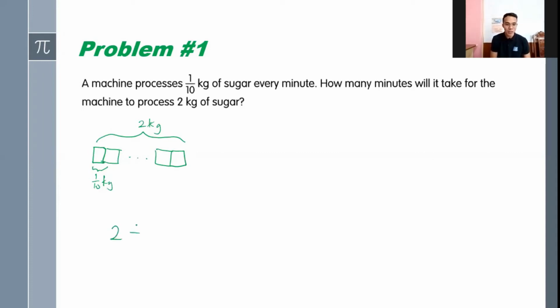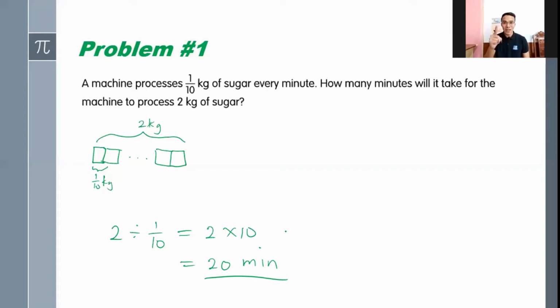We divide 2 by 1/10, and dividing by 1/10 is the same as multiplying by 10. 2 times 10 is 20. So we have here 20 minutes. It will take 20 minutes for the machine to process 2 kilograms of sugar.